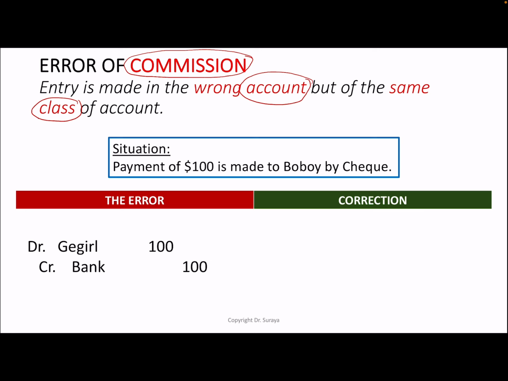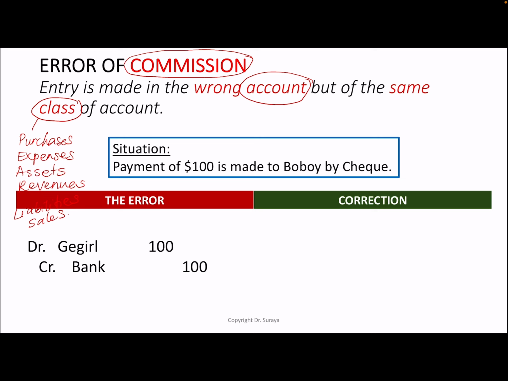Now, classes of account, we have purchases, okay, we have expenses, we have assets, we have revenues, we have liabilities, and we have sales, right? So these are all different classes of accounts.